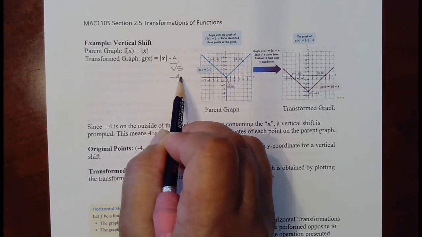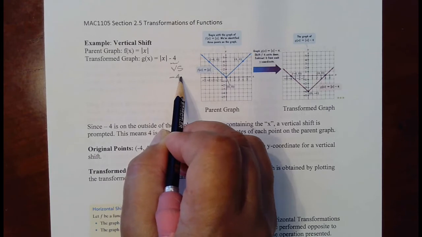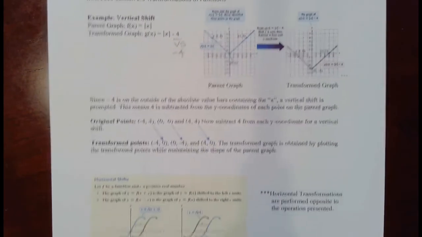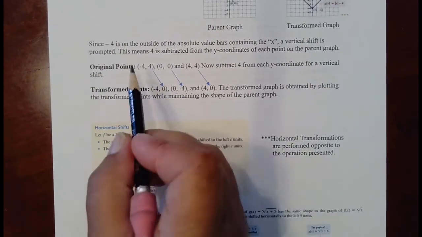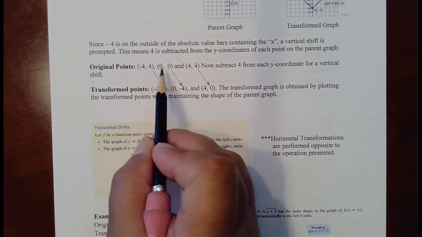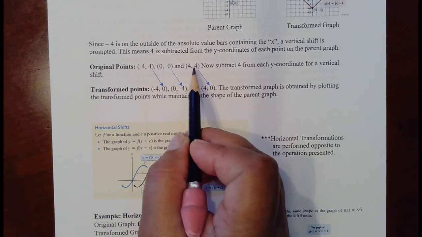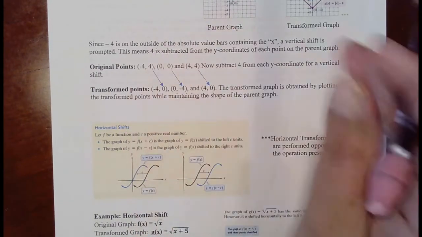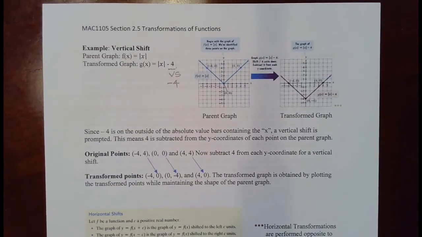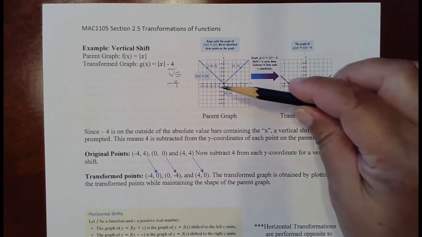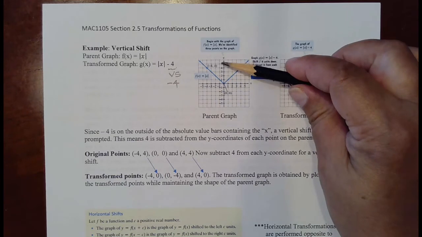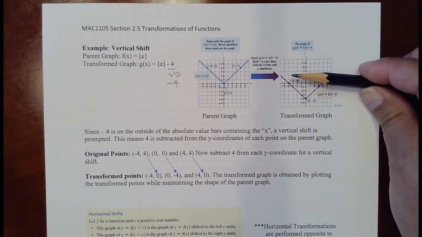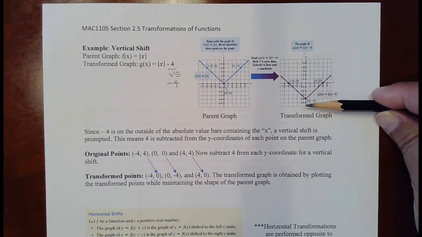So for instance, if these were the original points on the parent graph, -4, 4, 0, 0, and 4, 4, all we're going to do is use this -4 and try to understand that when you're doing a vertical shift, you're moving either up or down depending on the vertical shift you've been given. Here it's a -4, so we're going to be moving down. Up and down, just like the y-axis goes up and down, has to do with y coordinates.